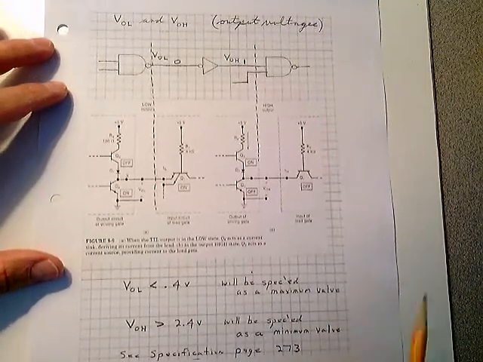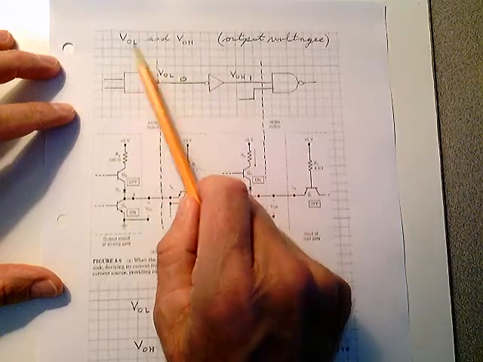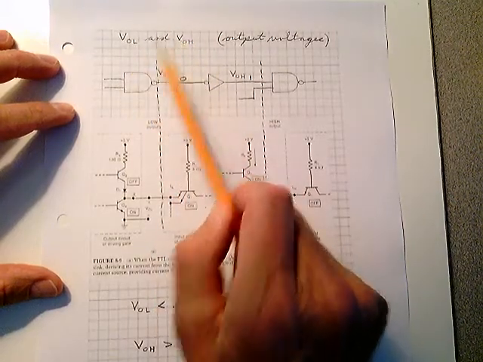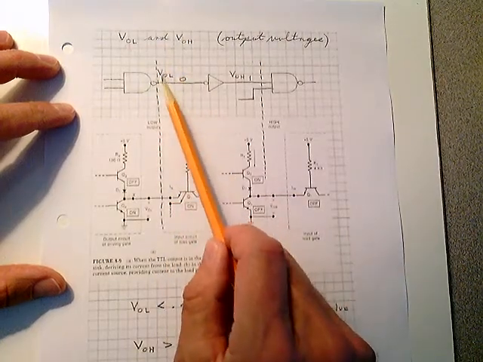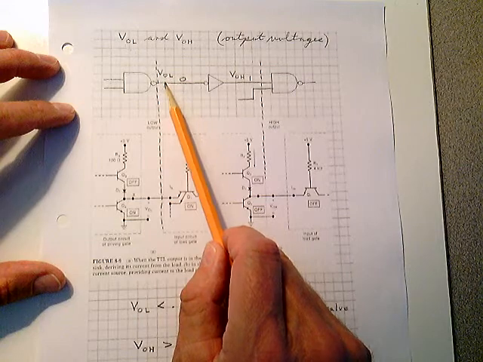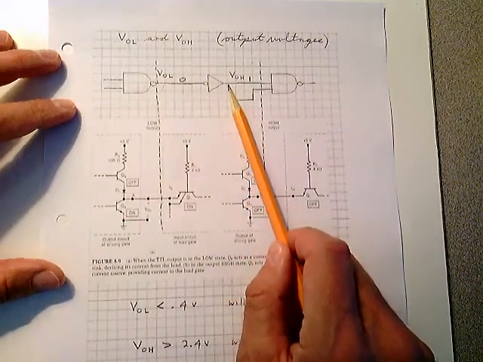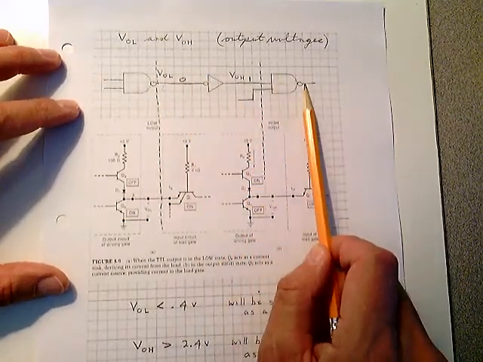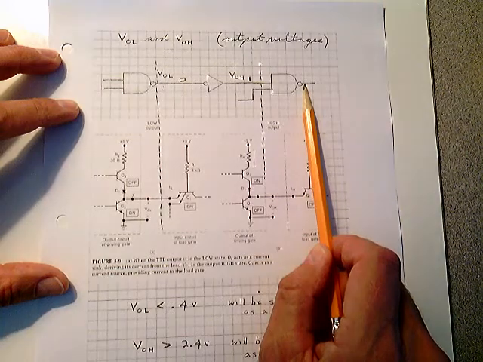On page number 135, we're going to look at VOL and VOH, the low-level output voltage and high-level output voltage. When you see this O, we're referring to output voltages: what voltage in the low state and in the high state the output of any of the gates will produce, because they all have totem pole outputs.